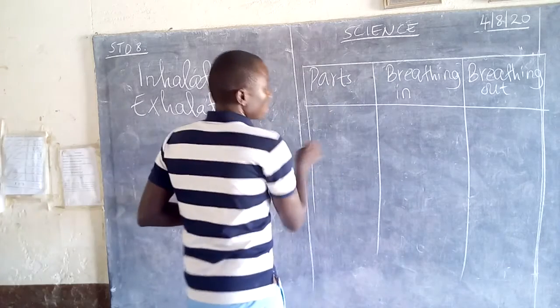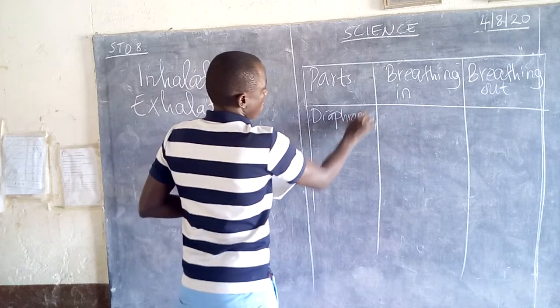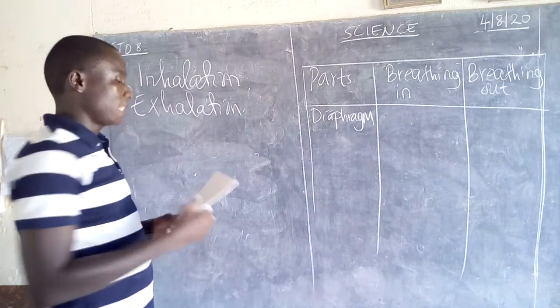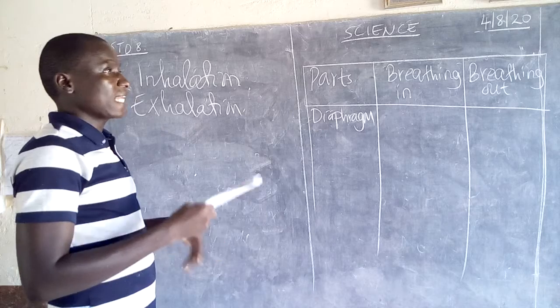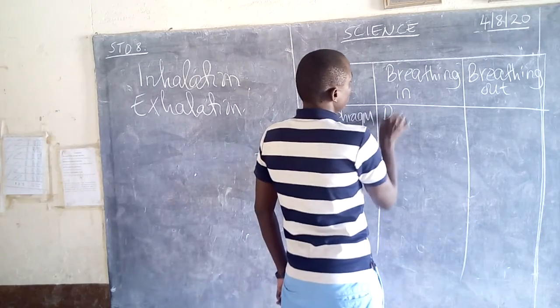Number one, let's start with the diaphragm. What happens to the diaphragm when I'm breathing in? When I'm breathing in, you'll discover that the diaphragm will move downwards. It moves downwards.